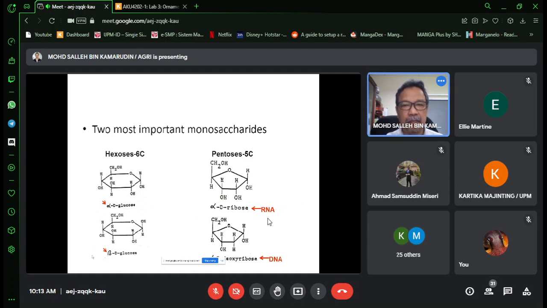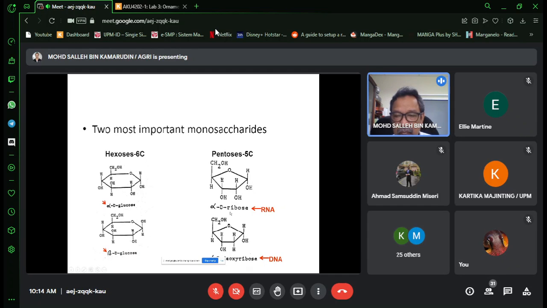All right. The two most important monosaccharides are hexose and pentose. We have glucose, alpha and beta, and then for pentose, ribose, and deoxyribose.